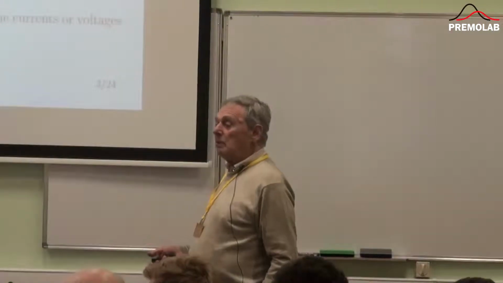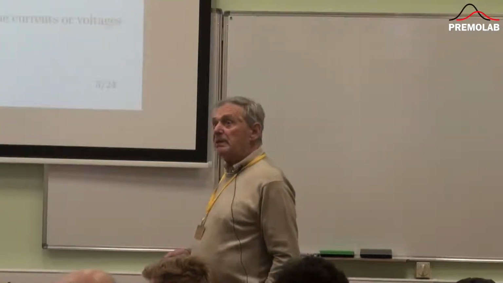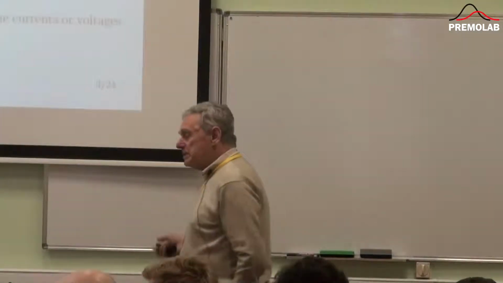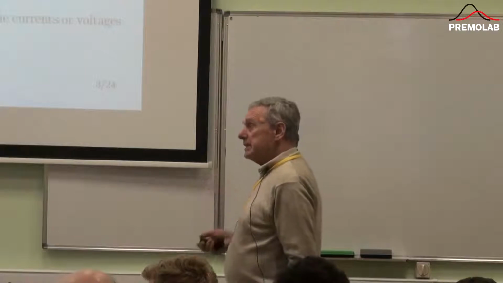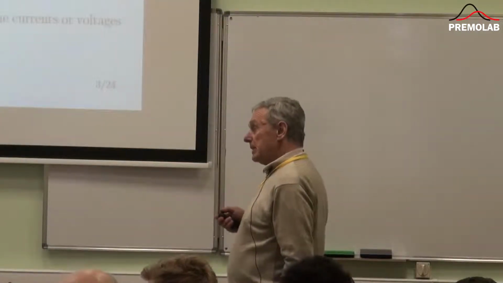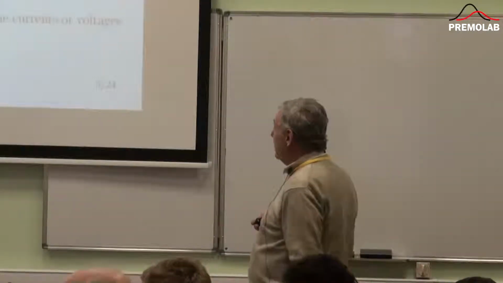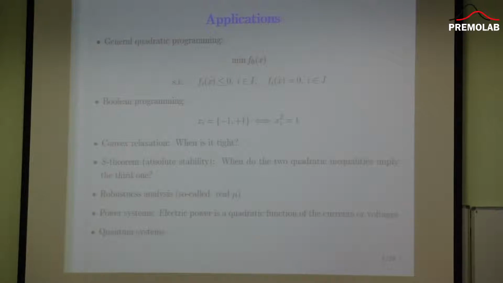Why quadratic functions? Because power is a quadratic function of current and voltage. So actually the constraint and objective functions they deal with are quadratic. And they say many problems which relate to power nets, power grids, and so on, relate to convexity of quadratic transformations.